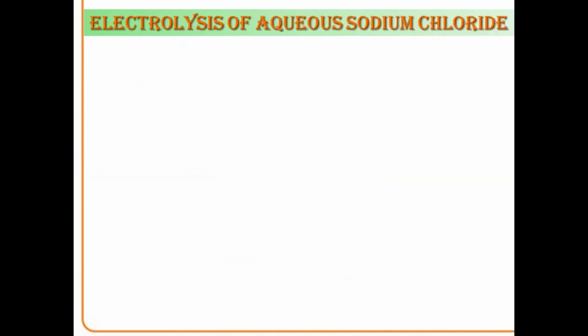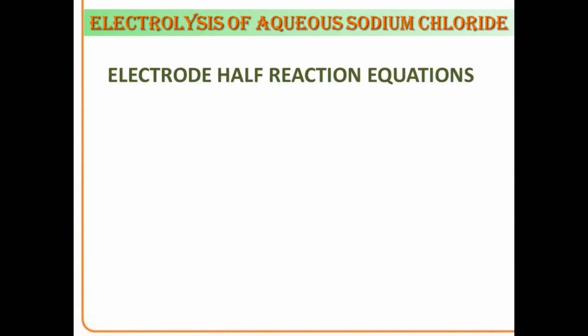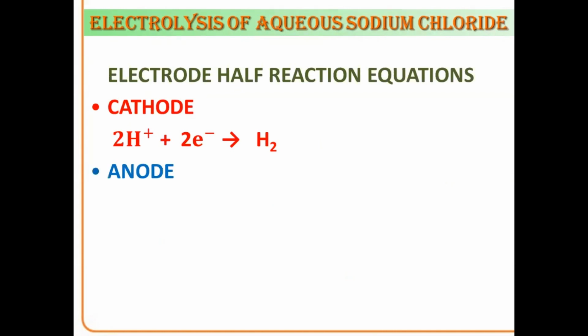Okay, let's look at the electrolysis of aqueous sodium chloride. They have reaction equations. So at the cathode, we have seen this reaction before. The hydrogen ions receive electrons, and then we get hydrogen. At the anode, we have two scenarios, one for concentrated and another for dilute.